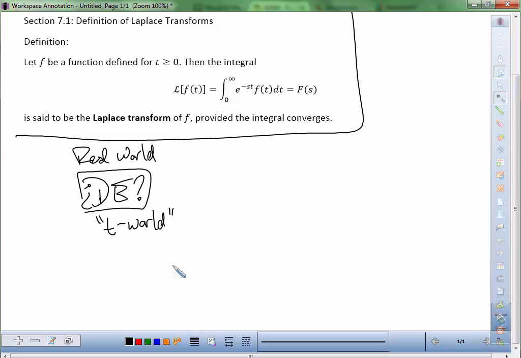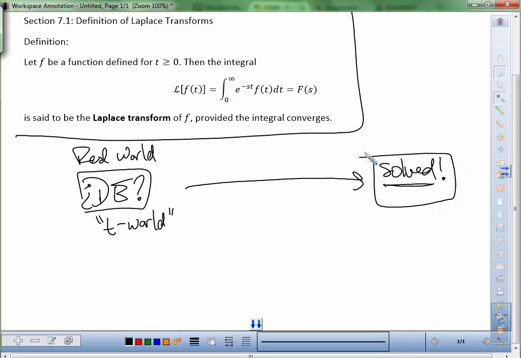Okay, so we want to get to this goal of solving the differential equation. So the issue is sometimes all the stuff that we need to solve for this differential equation, calculus, is hard. Sometimes it gets kind of difficult.